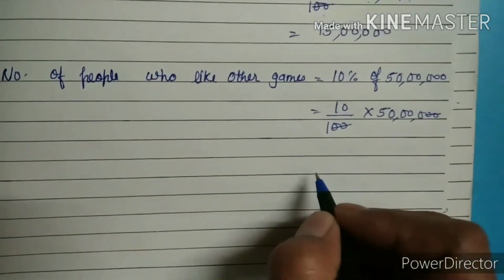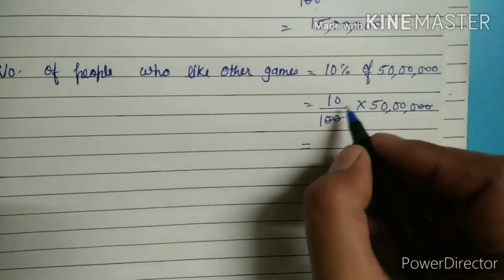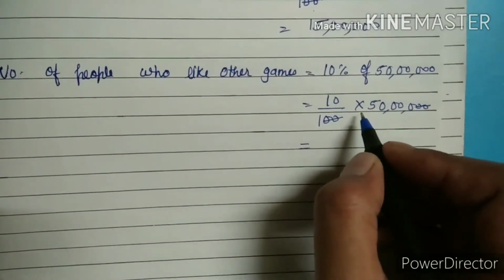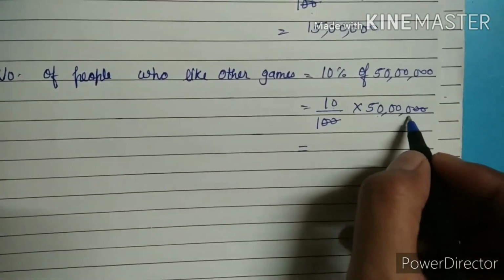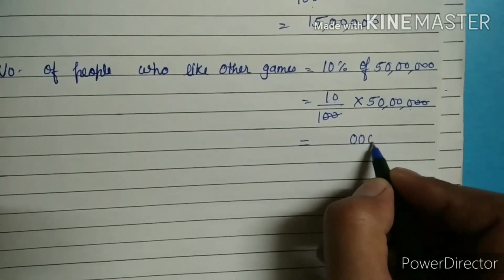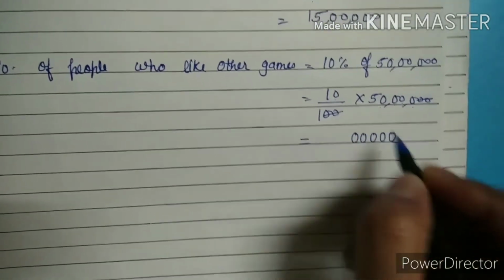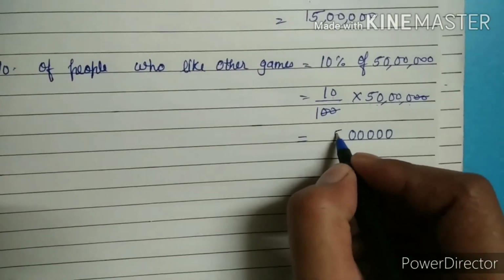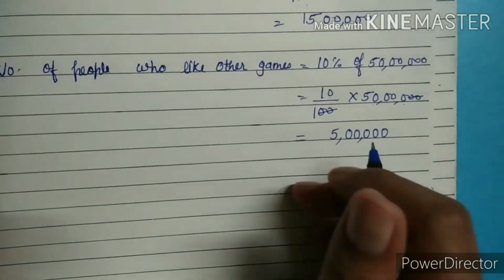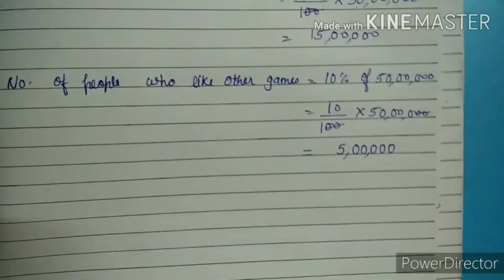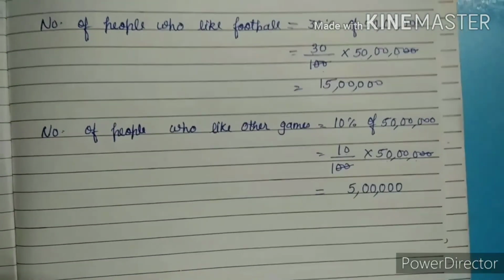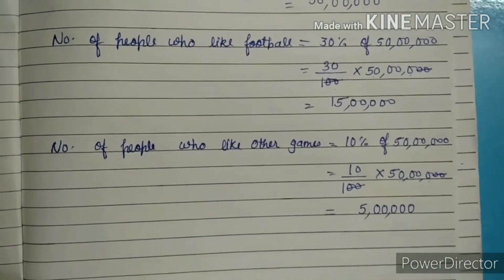Cut the zeros. Simply count the number of zeros: 1 2 3 4 5, and 1 5 is 5. So 5 lakh people like other games. So here we completed our exercise 8.1 of class 8th.